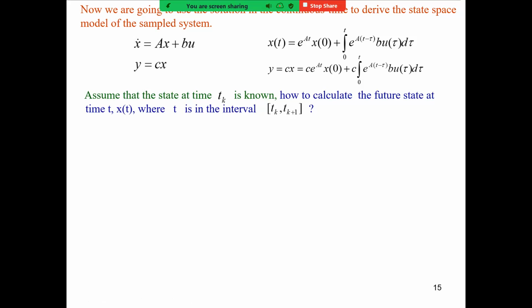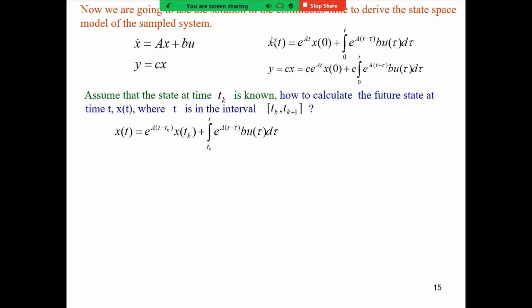Okay, now let's do it. If we consider this signal, the initial condition is x0. Actually, you can imagine that it starts from tk. So that's why here x0 becomes x, the state at tk. That's the initial point.